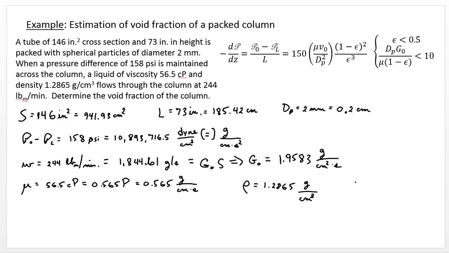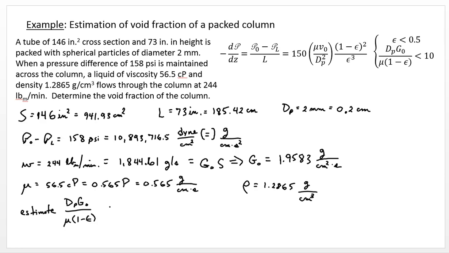Next thing we want to do, in order to figure out the void fraction, is to figure out what correlation applies. So we want to estimate the key parameter that appears in all of these correlations. So we want to estimate dp g naught over mu times 1 minus epsilon.